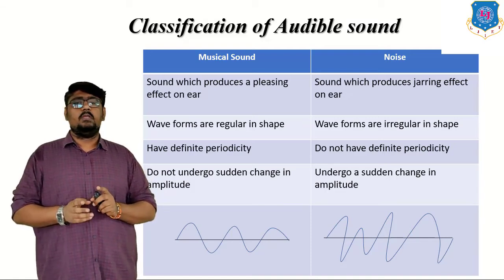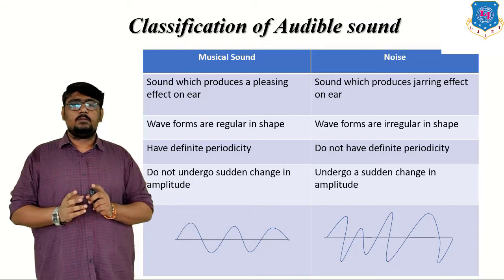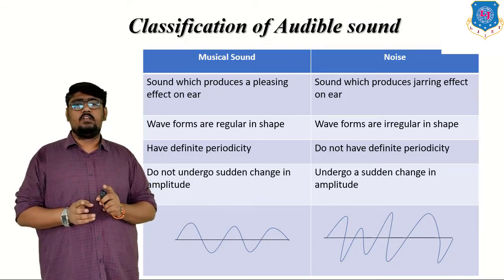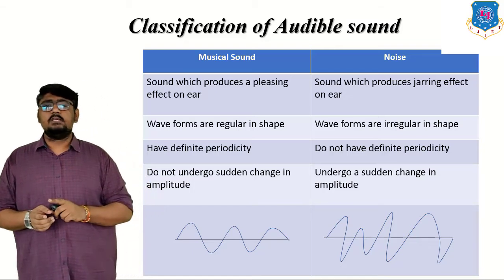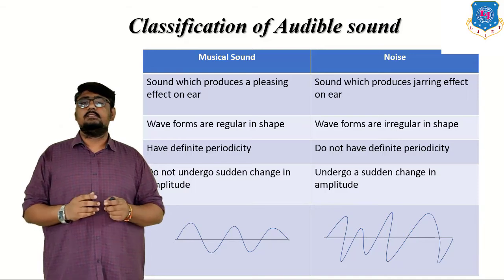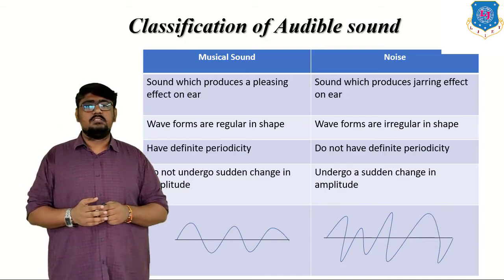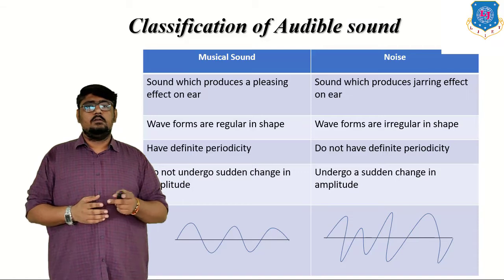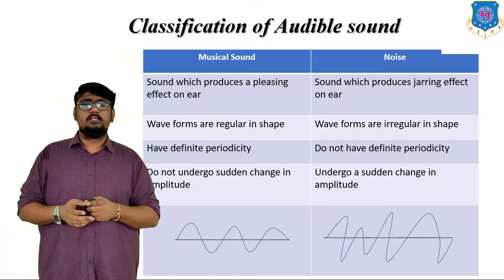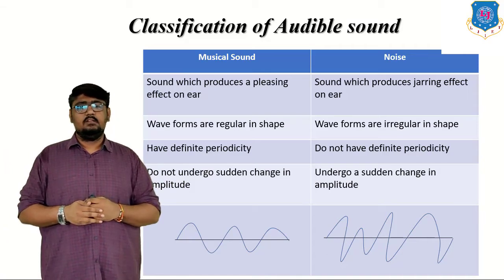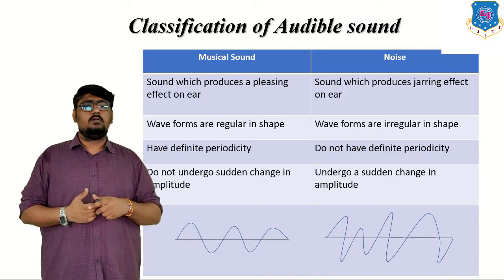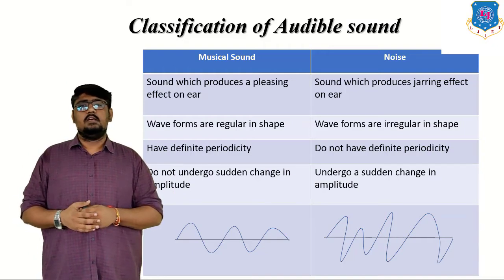Musical sound has definite periodicity, whereas noise does not have definite periodicity. Musical sound does not undergo a sudden change in amplitude, whereas noise undergoes a sudden change in amplitude. As you can see in the figure, there is a waveform of musical sound and noise at the end. So musical sound has all the properties listed above, and noise shows all the properties as discussed above.